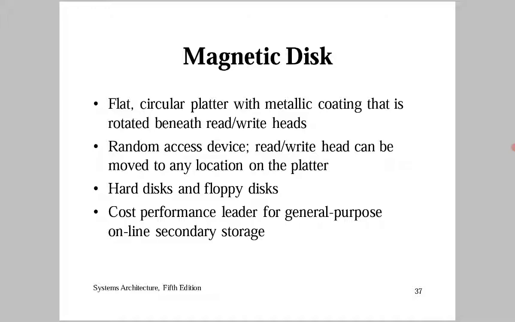In these disks, random access or random data storage is used, means records are stored in a random manner, not in a sequential or continuous manner. The read write head can be moved to any location on the disk.